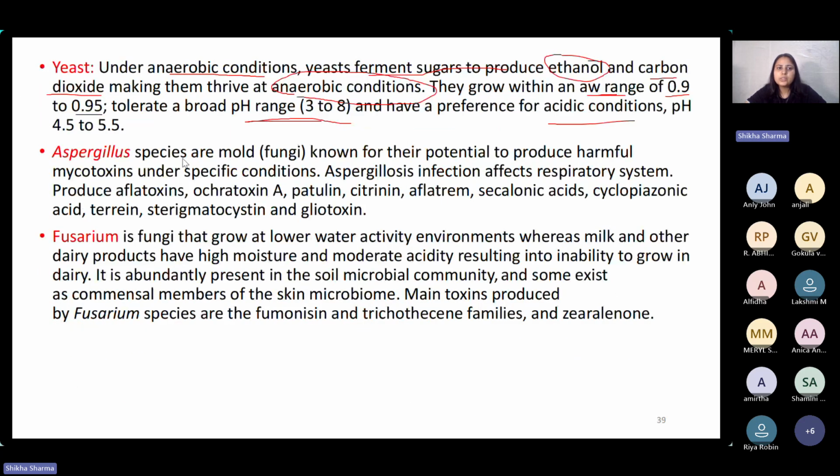Then Aspergillus species are basically molds or fungi. They're known for their potential to produce harmful mycotoxins under specific conditions.